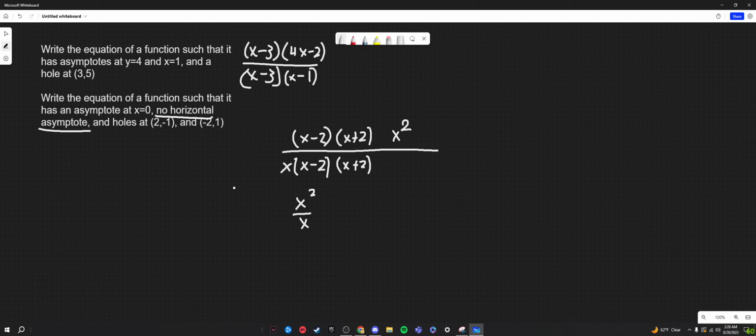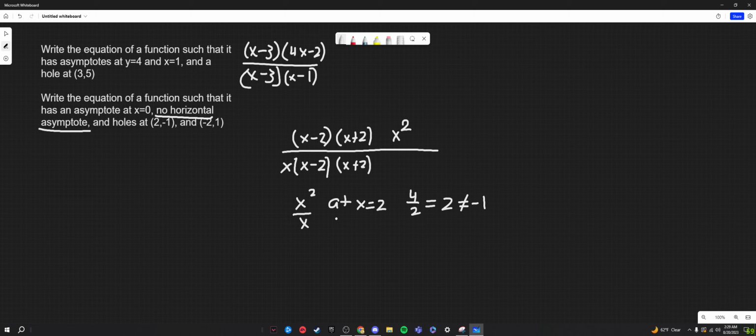And now if we plug in -2 and 2, I'll do x equals 2. Plug in 2: 2 squared is 4, over 2, which is 2, which is definitely not equal to -1, which is where we want the hole.